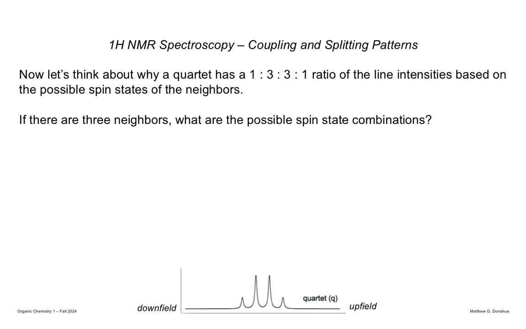So a quartet, you have three neighbors. You have this 1 to 3 to 3 to 1 ratio. So the outsides are kind of easy. If we draw them all spin up or aligned, spin down or against. So there's your 1 and your 1, and then in the middle you have the 3 and 3, and that's the possible spin state combinations. So say 2 up, 1 down.